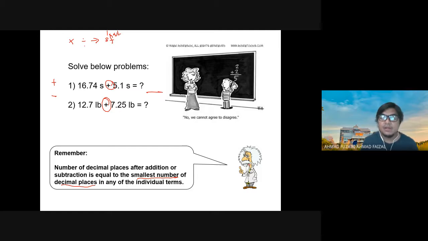In this case, the smallest number of decimal places is in 5.1, so we should follow 5.1. And here it is 12.7, the smallest number of decimal places.